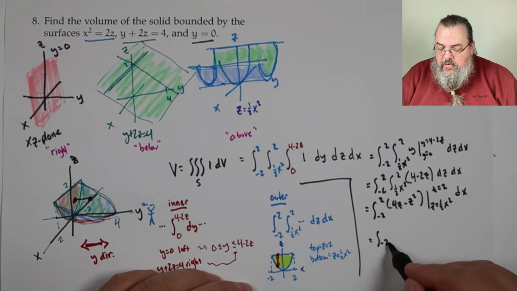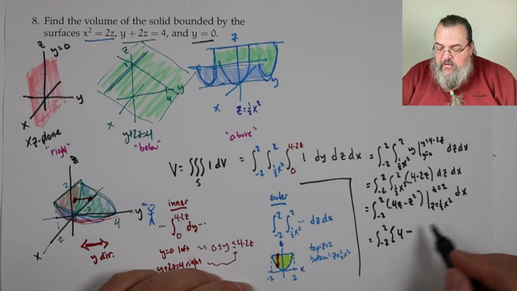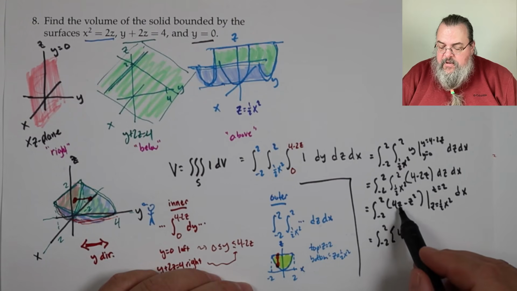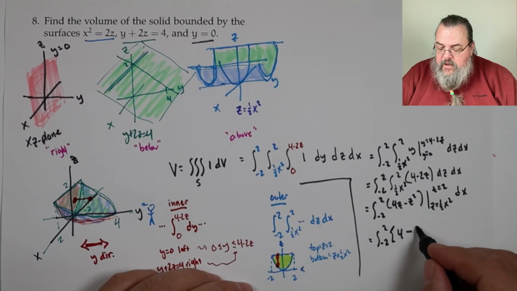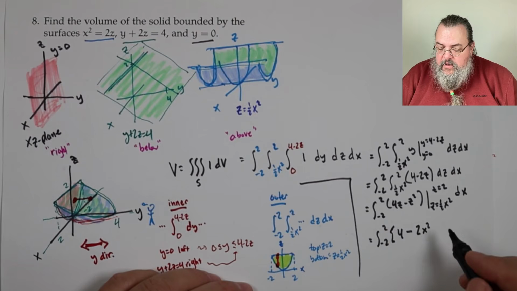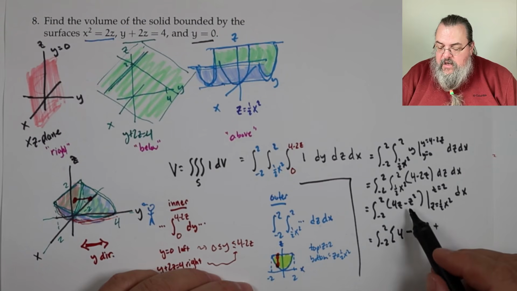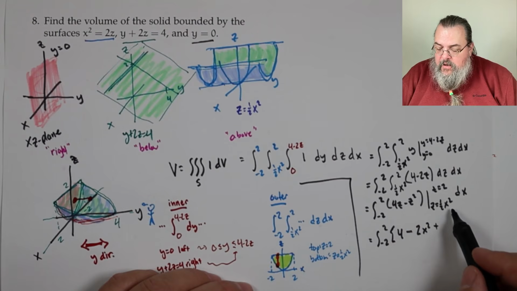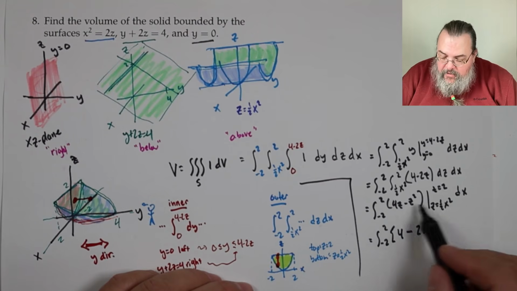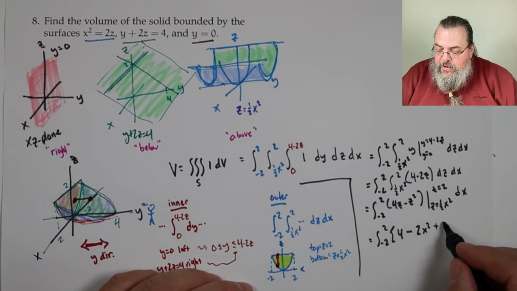So that becomes 4 minus 4 times 1/2 x squared. So that's going to become 2x squared. And then minus minus makes a plus. Then you have z squared, which is 1/2 x squared, squared, right? So 1/2 x squared squared would make it 1/4 x to the 4th.